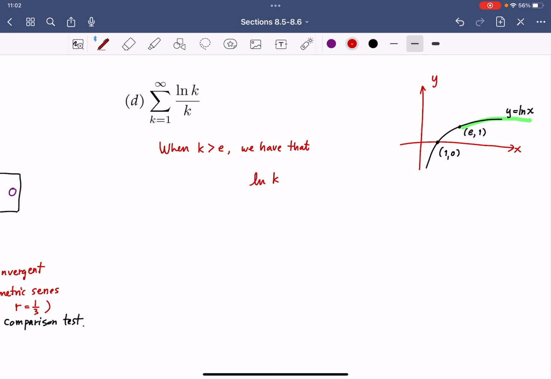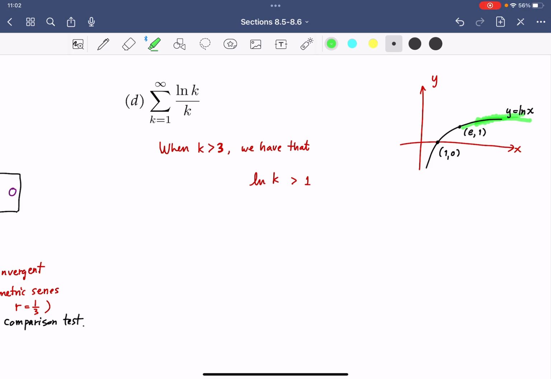So when k is bigger than e, log k is bigger than 1. Everyone agree? But e is not a good number because e is 2.71 something. Can we say 3 instead? When k is bigger than 3, log k is bigger than 1, because I am going to care only about the part that is bigger than 3, so that's fine.